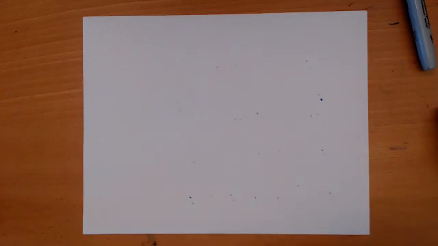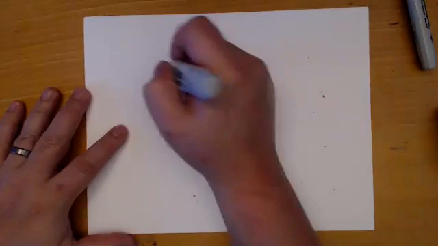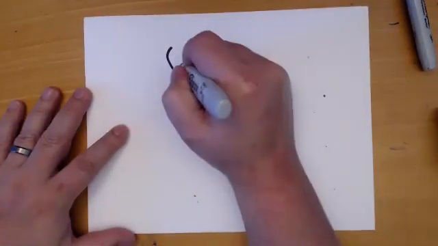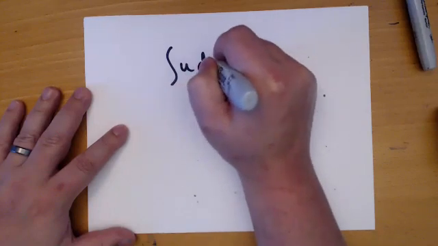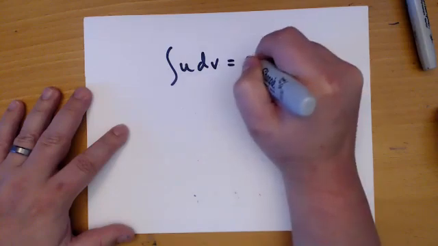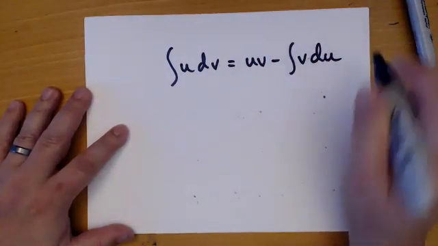And we wind up with the integral of u dv is equal to uv minus the integral of v du.